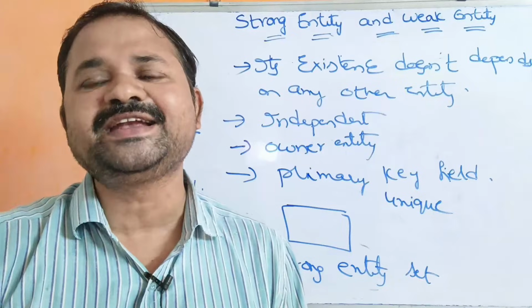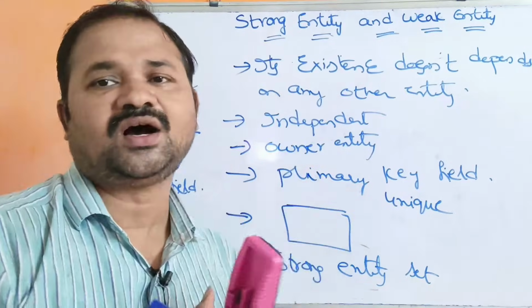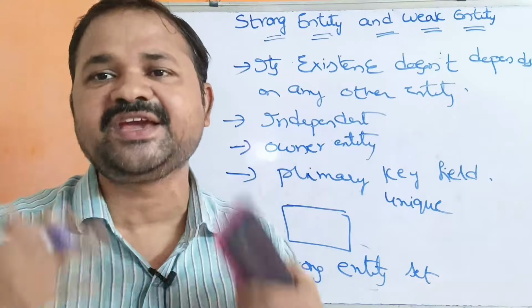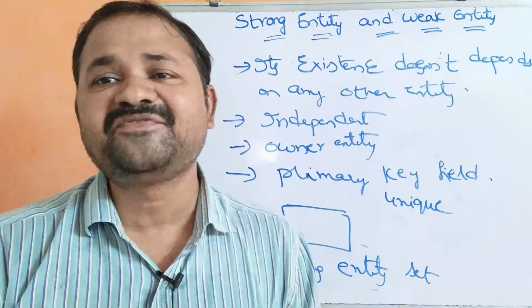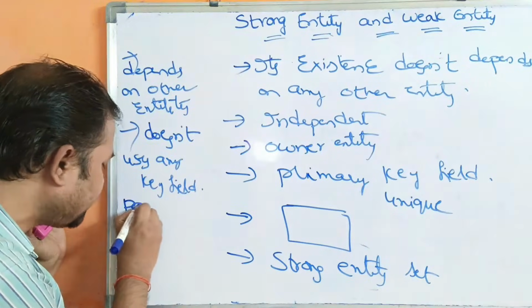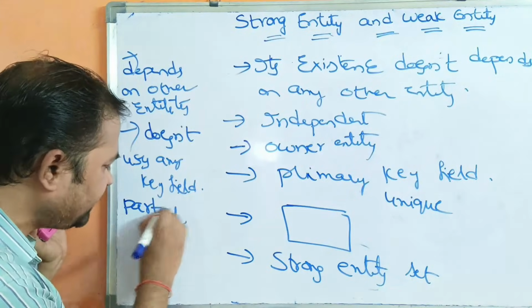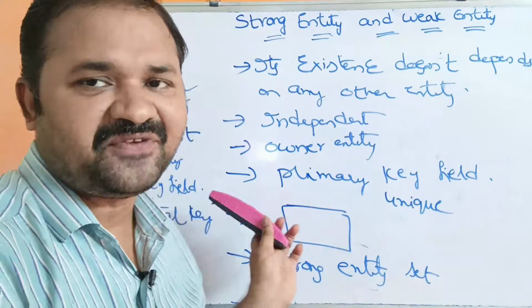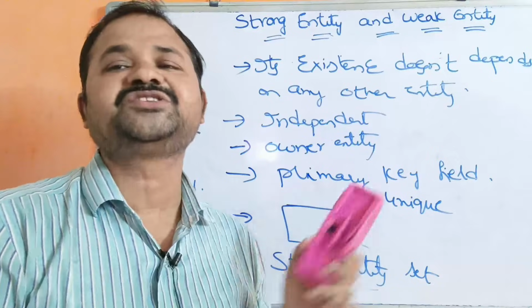A weak entity doesn't use primary key, foreign key, or candidate key. But a weak entity uses a partial key. Partial key is not a key field. We can identify with the help of the partial key field.